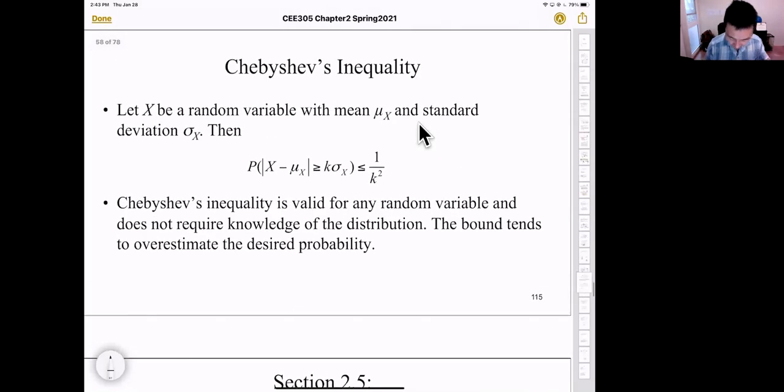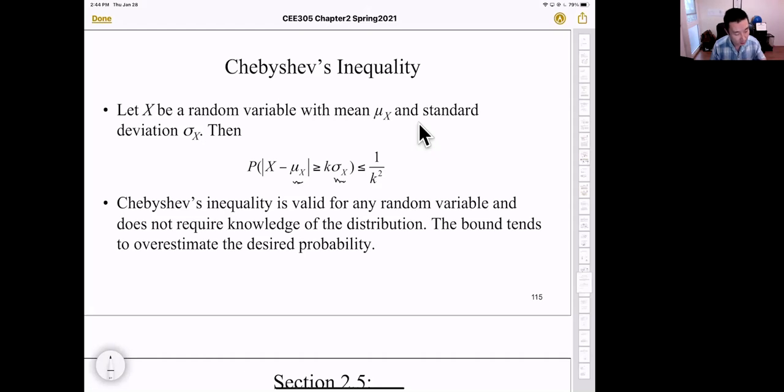All right. This is the last slide of section 2.4. This is called the Chebyshev inequality. This shows us the inequality equation for mu x, where mu x is the mean value and sigma x is the standard deviation.